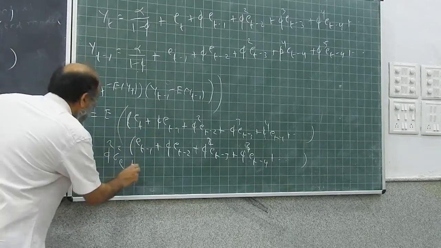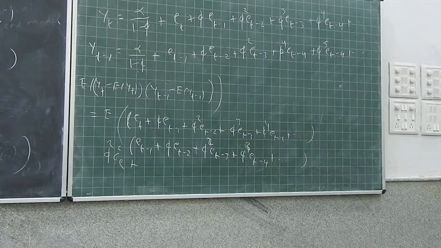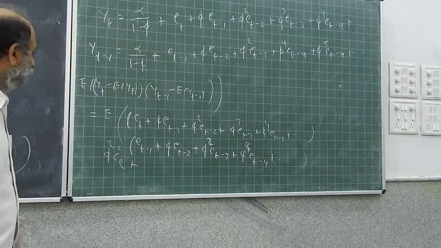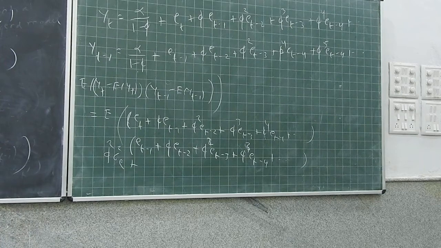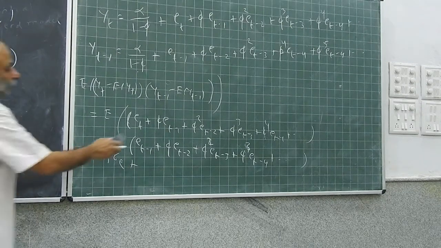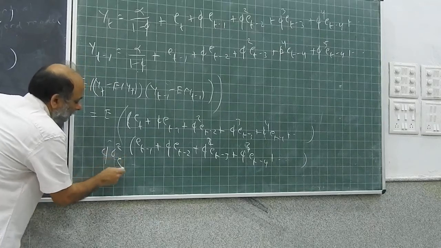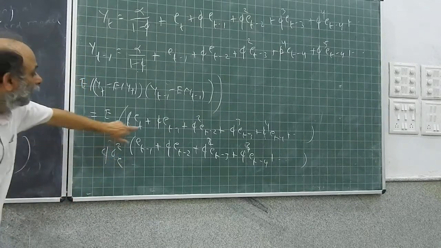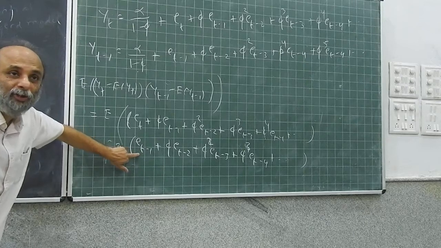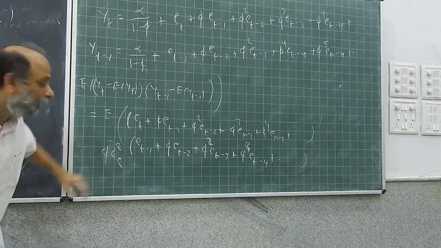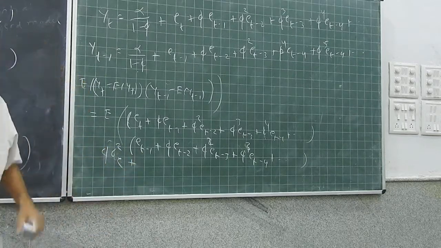Right? Plus, now, if I multiply with e_{t-1}, I get phi sigma square e, right? Because phi e_{t-1} into e_{t-1} is phi e_{t-1} square, expected value is sigma square e. Right? Phi sigma square e. Plus what will be the next term?